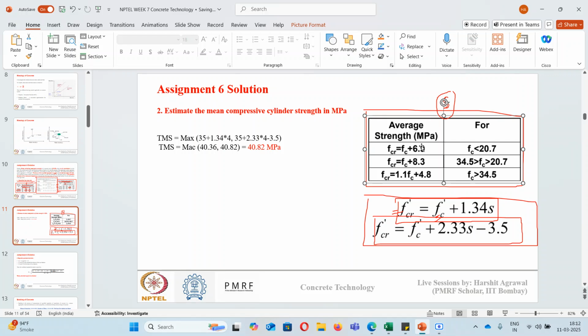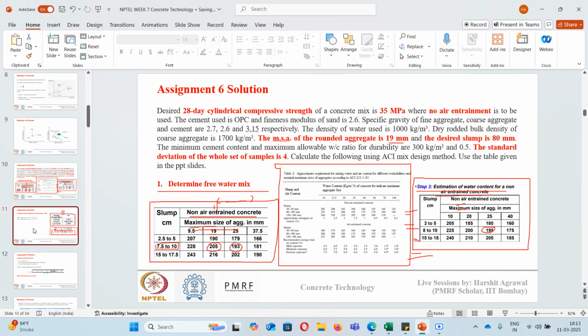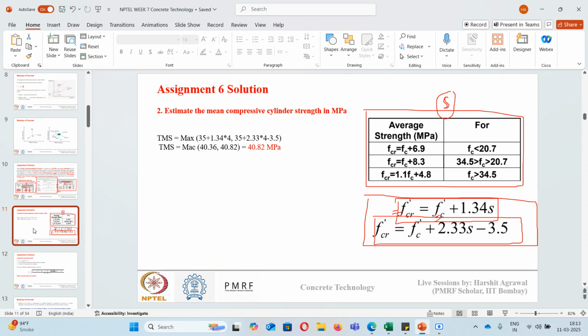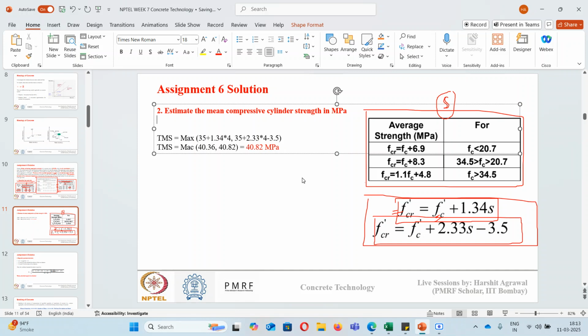Sir, in the assignment again, there were two standard deviations which were given. Firstly, and secondly, the first step that was taught was to convert this cylindrical compressive strength to cube compressive strength, so 35 should be divided by 0.8 first.